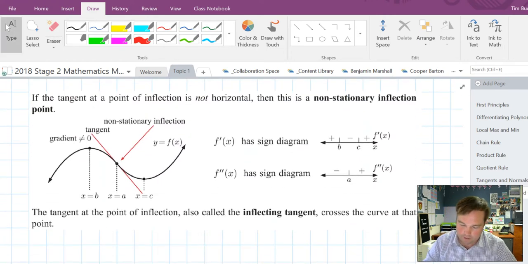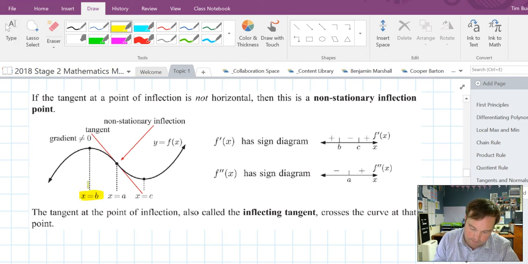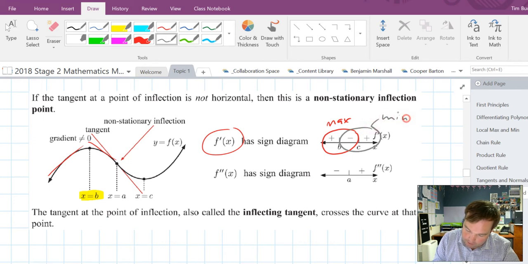Alright. Here, though, there are several things happening. At x equals b, the slope goes from positive to negative. That's what's happening here. Positive to negative in the first derivative, you should be thinking max. Then, when we go from negative to positive, that is indicating a minimum, and that's happening at c.